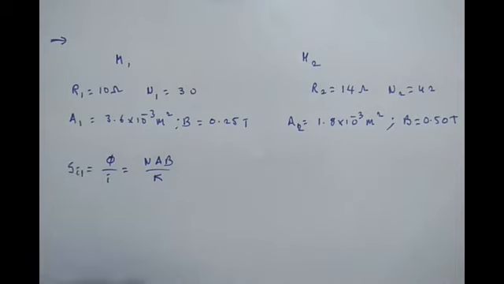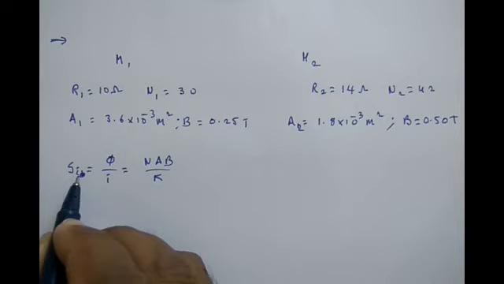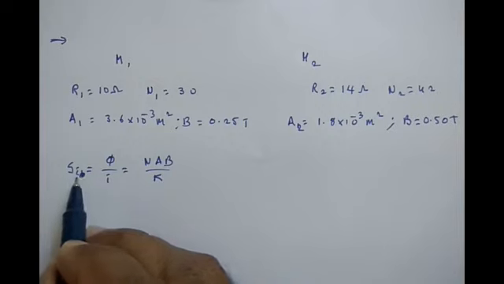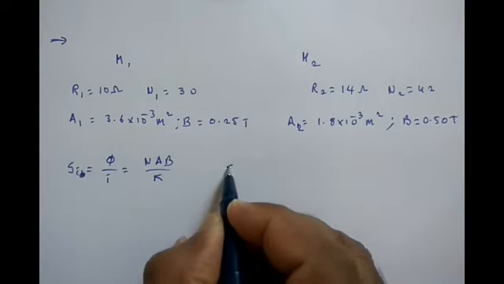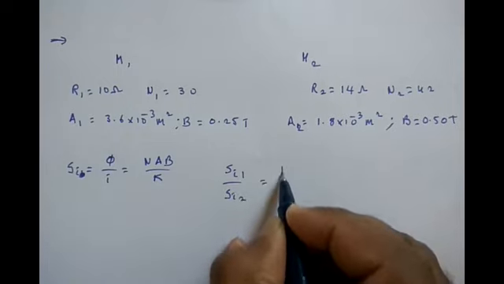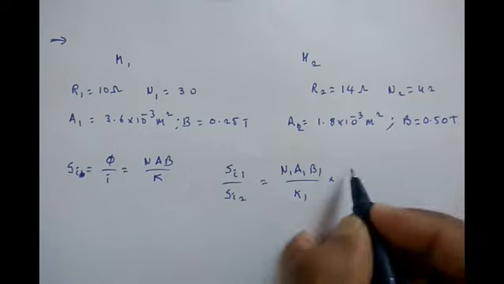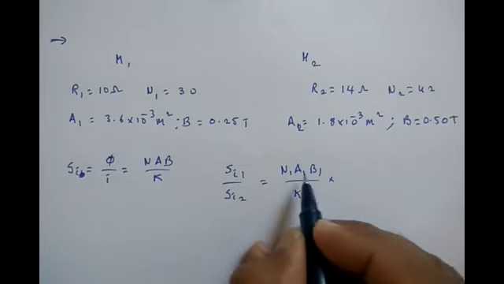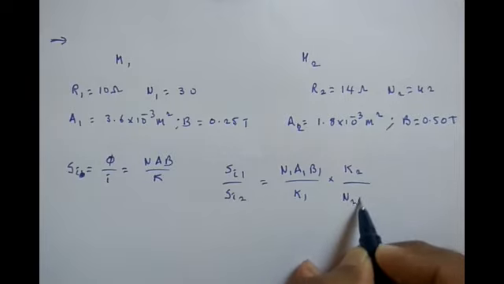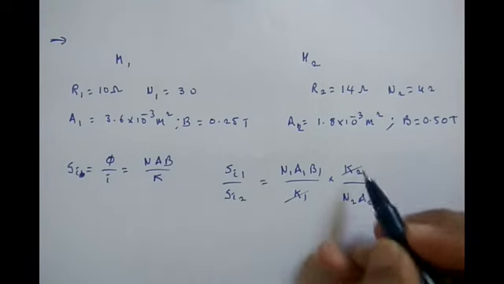Now you need to find ratio of current sensitivities. SI1 by SI2 equals N1 A1 B1 by K1 divided by N2 A2 B2 by K2, so I can write that as K2 by N2 A2 B2. In this case torsional constants are same for both, you can cancel that.